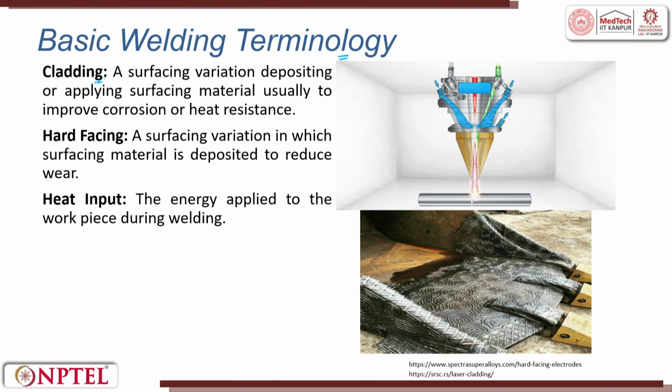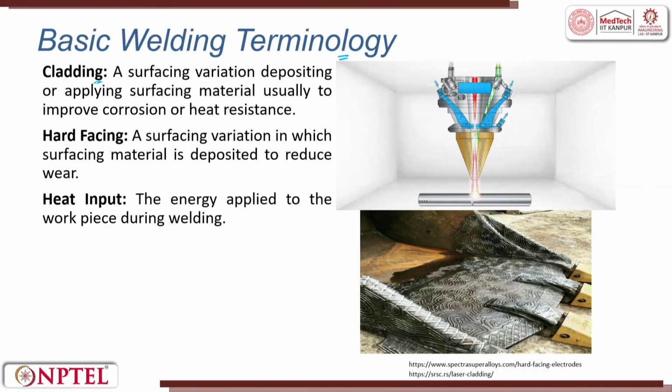So why only wire or rod should be used? Can't I use a powder? Yes, you can use a powder, but the only thing is you can't deposit it in a short confined place having a high aspect ratio, but still powder can be used.